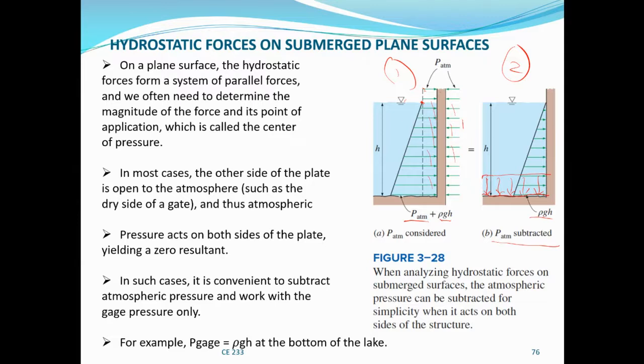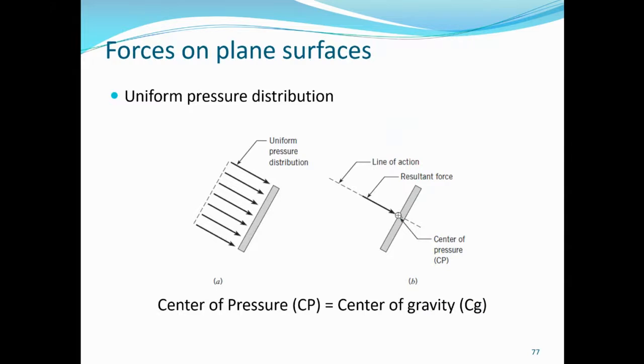But for the vertical one, because it increases with depth, it is not the same at every point, but it is uniformly varying. For the horizontal one, because the plate is at the same elevation, the pressure acting is the same. Pressure varies only with elevation. This we explained before. So this is like a case when you have uniform pressure distribution. The length of the arrow represents the pressure force in particular, or the hydrostatic force acting on the plane surface.